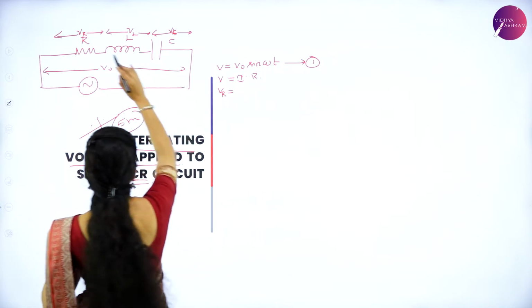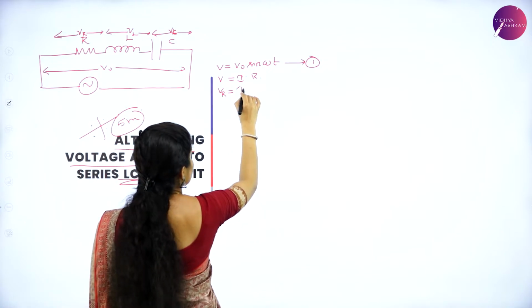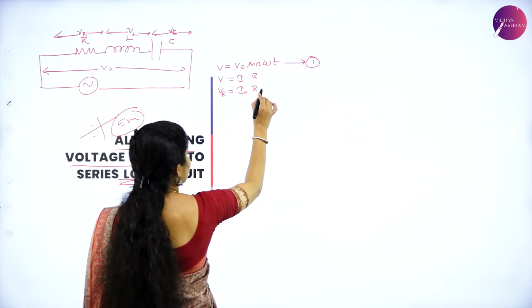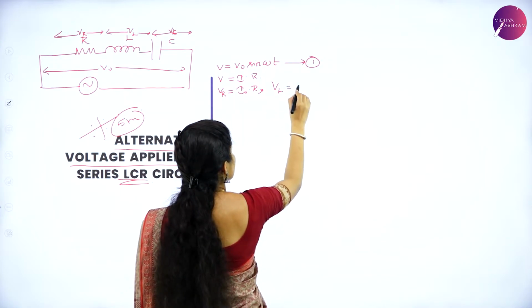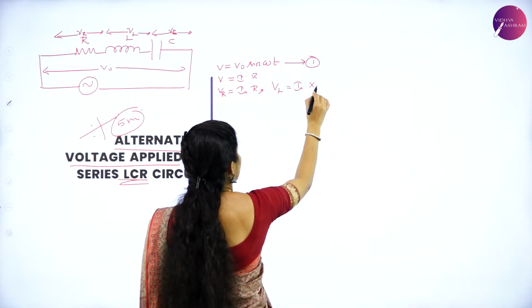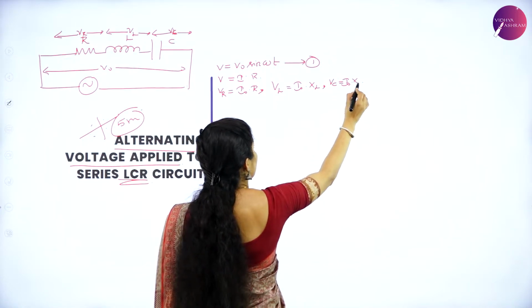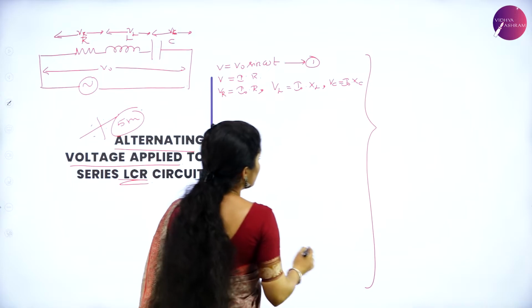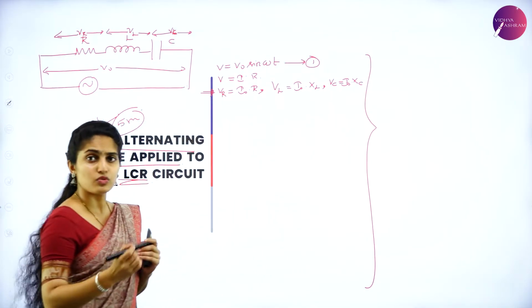For resistance, VR is I naught into R. Across the inductance, it is I naught into XL. Across the capacitor, it is I naught into XC. So these are the initial things we have with respect to the voltage.